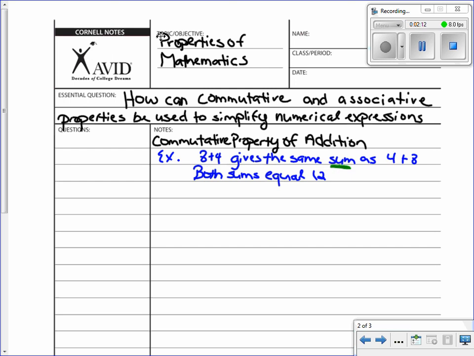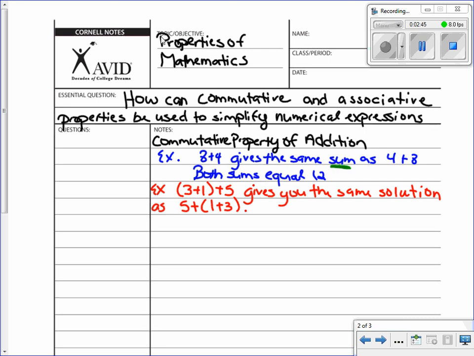Another example that you might see is if you have the quantity of 3 plus 1 plus 5 gives you the same solution as 5 plus the quantity of 1 plus 3.